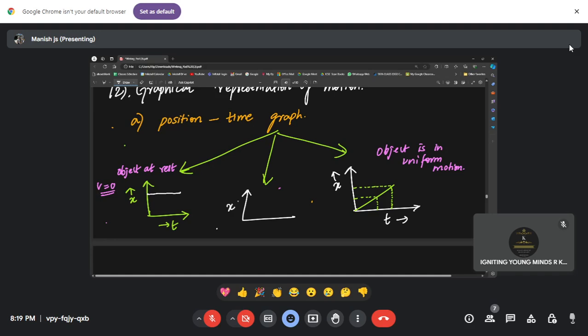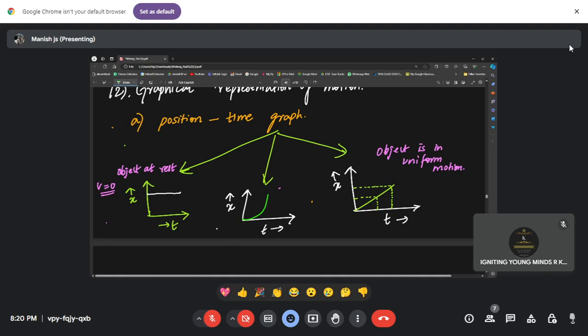Again, taking position along the y-axis and time along the x-axis. What if you have a graph like this? Now this is not a linear curve, because you can see it is curved upwards.